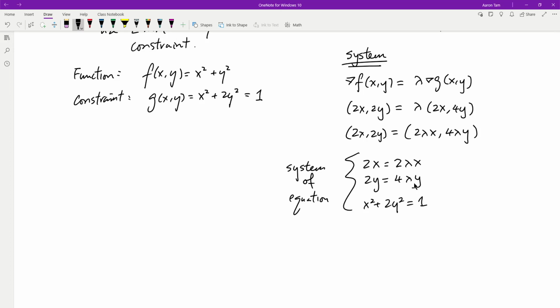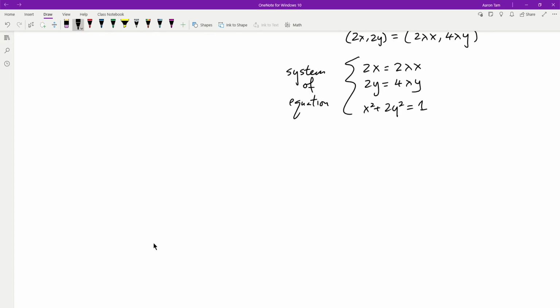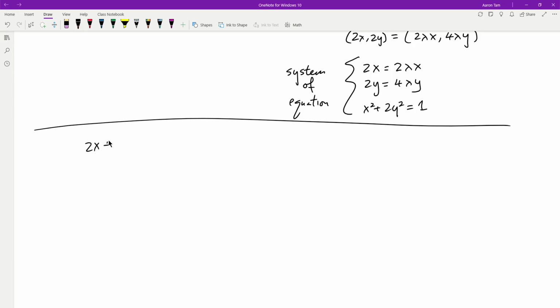So how do we solve this non-linear system? Now I want to point out a very common mistake. Let's start with this system: 2x equal to 2 lambda x, 2y equal to 4 lambda y, x squared plus 2y squared equal to 1.